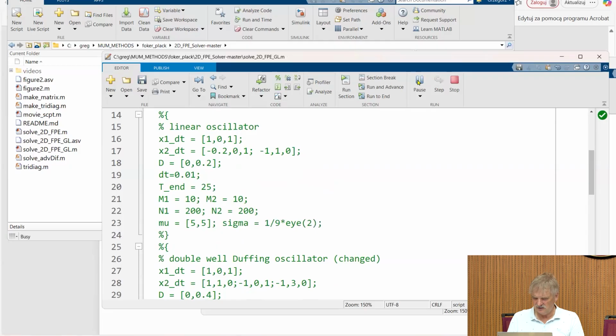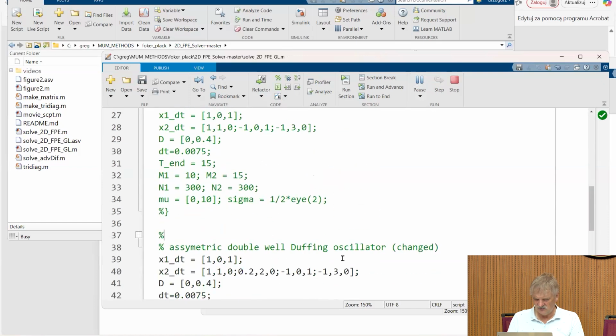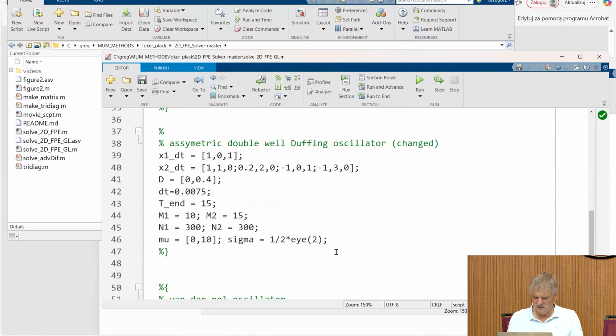Now the non-symmetric potential. I added some more terms to the restoring force, not only an odd term but also an even term, like x to the power 2.